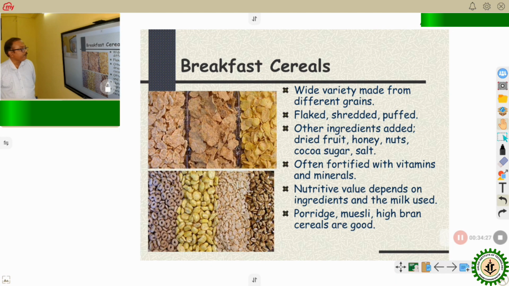Breakfast cereal, a wide variety of breakfast cereal. Corn is a very important cereal. Corn flakes, etc., are very popular breakfast cereal products.